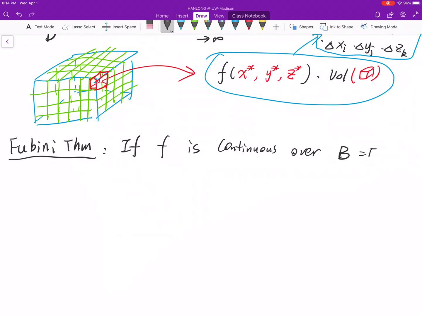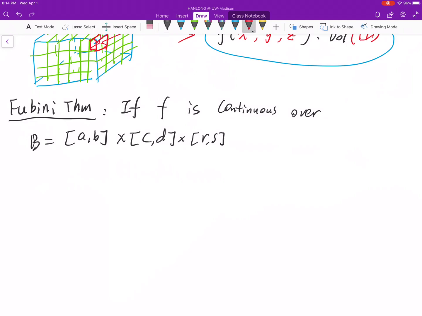And okay. So over the region B equals [a,b] times [c,d] times [r,s]. This is just a notation, which indicates x is in [a,b], y is in [c,d], z is in [r,s].